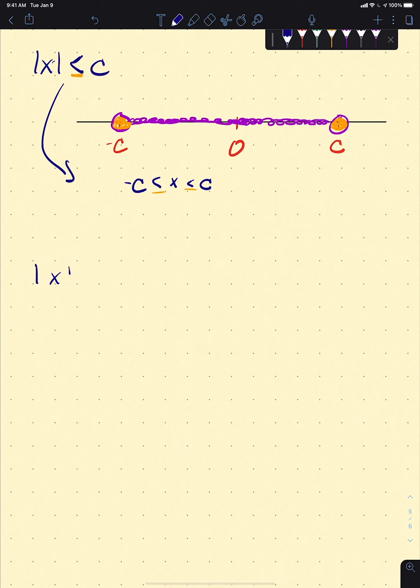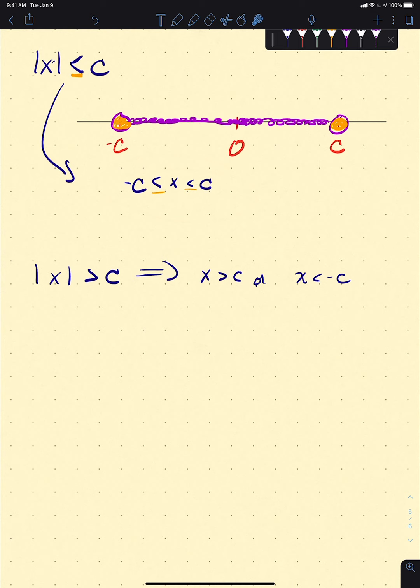What happens if the absolute value of x is said to be greater than c? What inequality about x itself can we say if the absolute value of x is greater than c? Well, it turns out that this also gives us two situations. This says that x is either greater than c or x is less than negative c. And I know you might be tempted to also write this as a nested inequality like this.